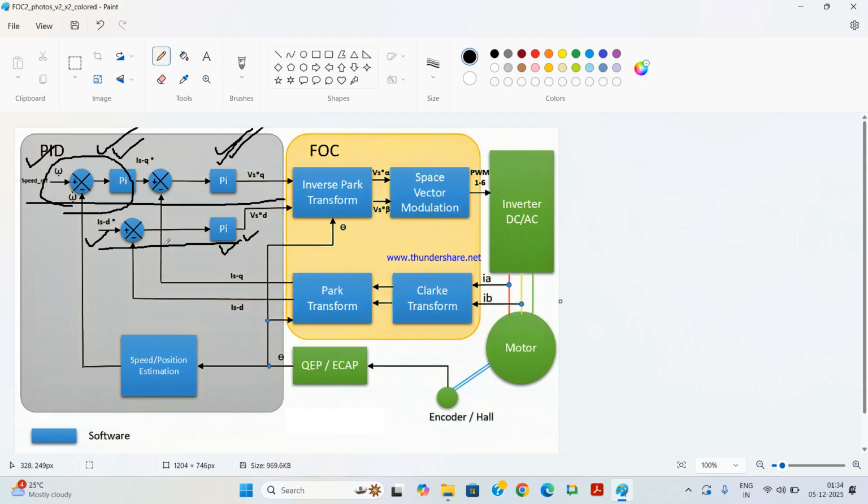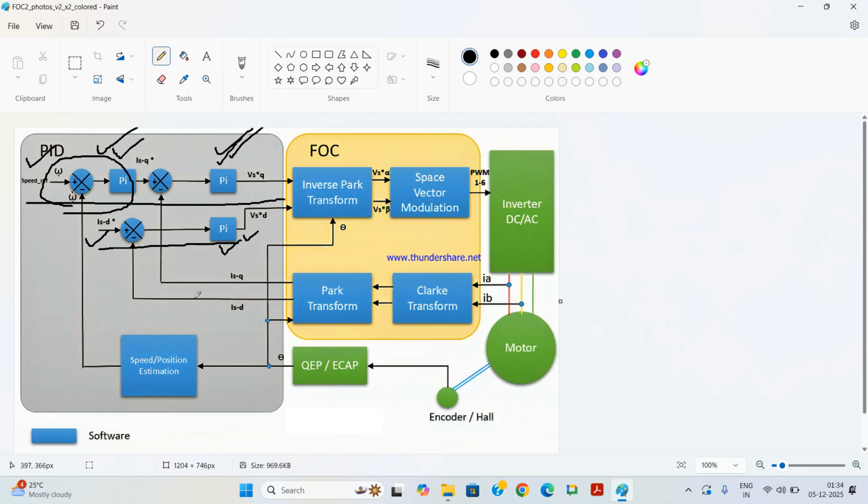Now coming to the flux loop. Flux is for what? It is basically producing the magnetization of the rotor. And where is it coming from? It is coming from the magnetization component. Basically, the steady state stator direct axis current is called the magnetization current of the motor.